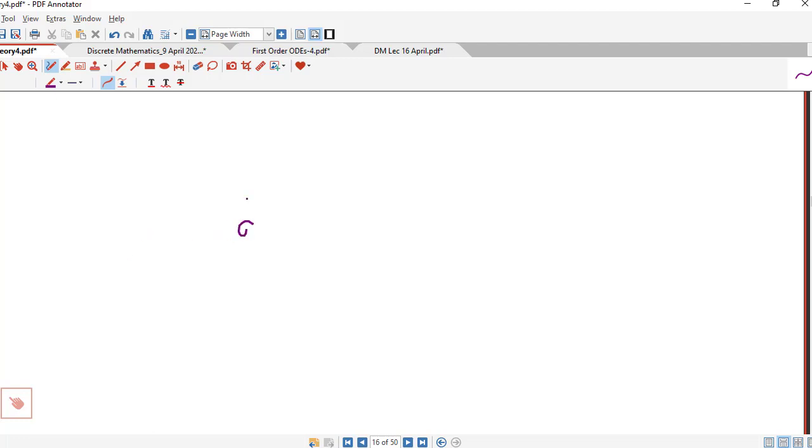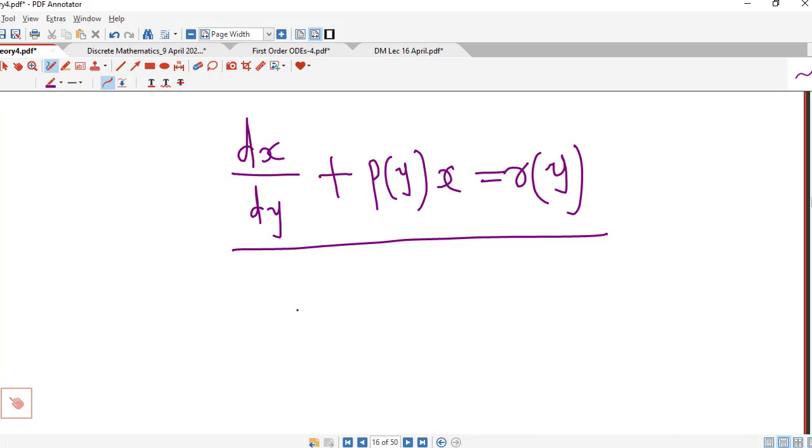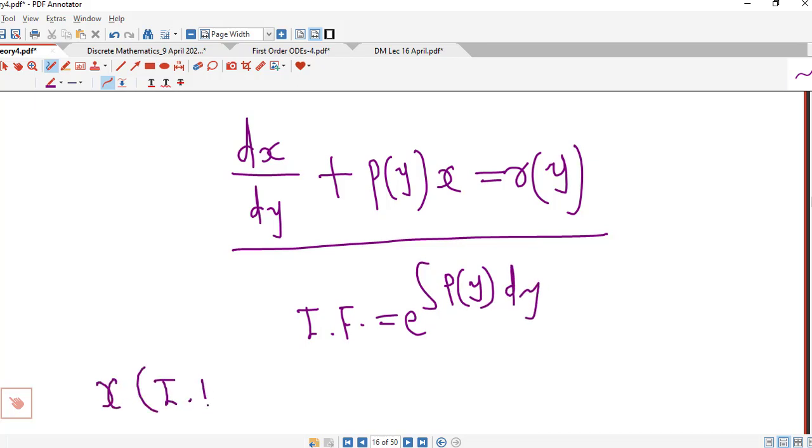So in this way, if our differential equation is not linear when we consider y as the dependent variable, then we can try to write our differential equation in this form, and if it is written in this form, then the integrating factor is e to the power integral of P(y) with respect to y, and the general solution is x into the integrating factor.